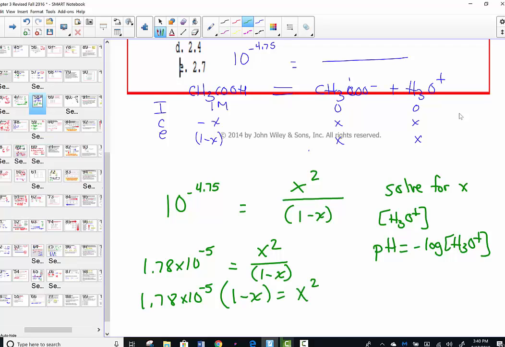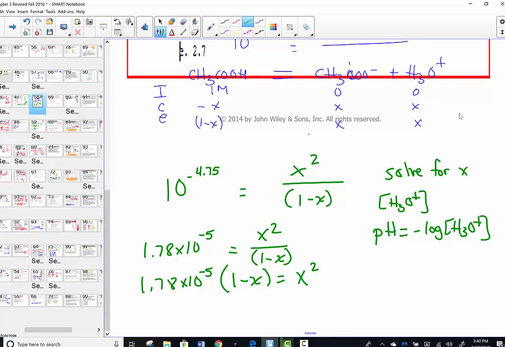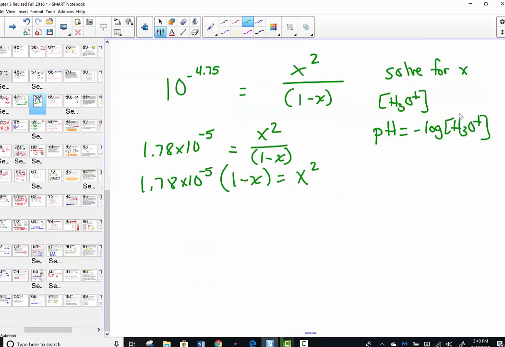And now we're showing an algebraic expression where 1.78 needs to be distributed through 1 minus X. 1.78 times 10 to the negative 5th minus 1.78 times 10 to the negative 5th X equals X squared.